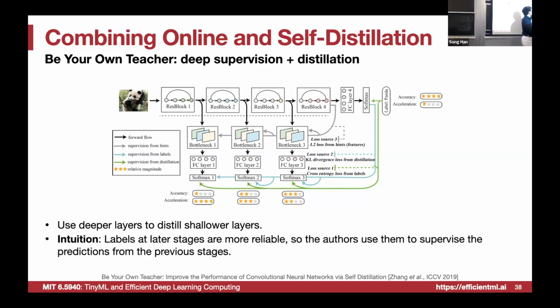Previously, we only inserted the loss at the very end. But now we insert the loss by using the later stage feature maps to also supervise these earlier feature maps. This is orthogonal to the architecture; it is about how we supervise and train this model.